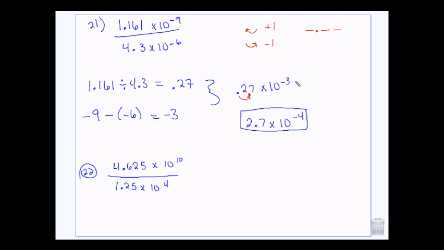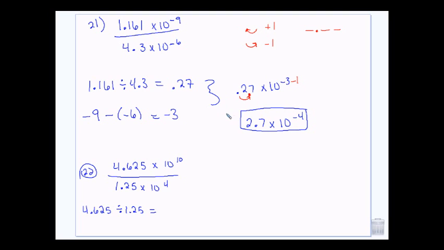But because I'm moving this direction, I'm subtracting 1. Subtracting 1 if you move right, adding 1 if you move left. So that's where I got the -4. Because it gave me a 0.27, I have to adjust it to make it into proper scientific notation.